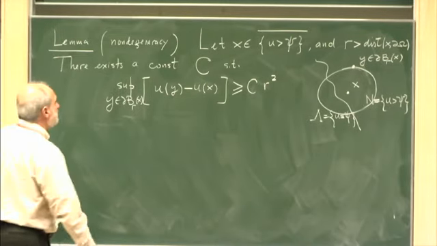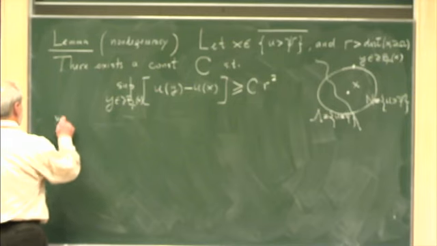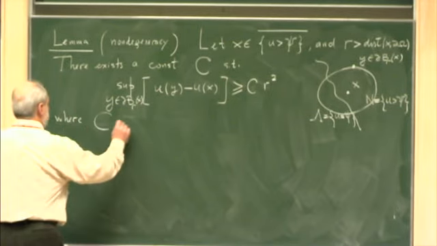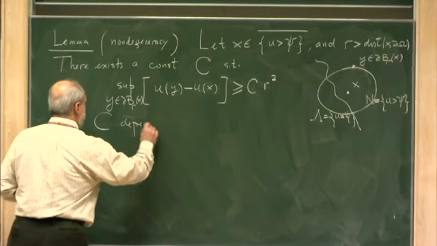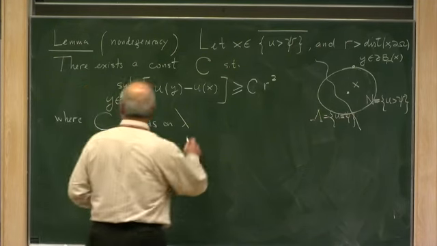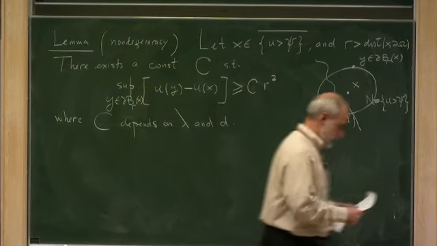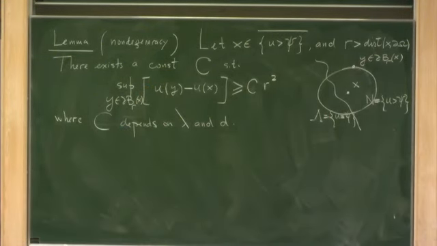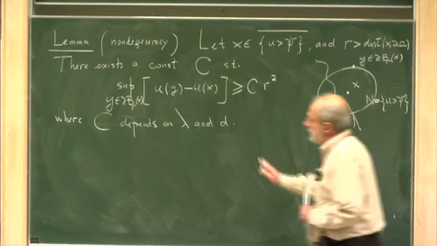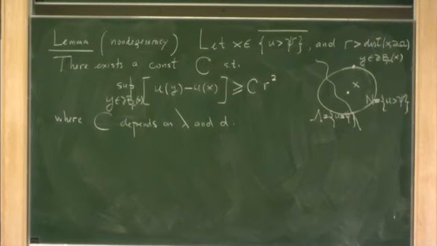And this again, the C depends on lambda and on the dimension. Let me call it D. So this is not a difficult result, it's a maximum principle result, but I'm not going to prove it, I'm just going to use it, as you will see in a second.